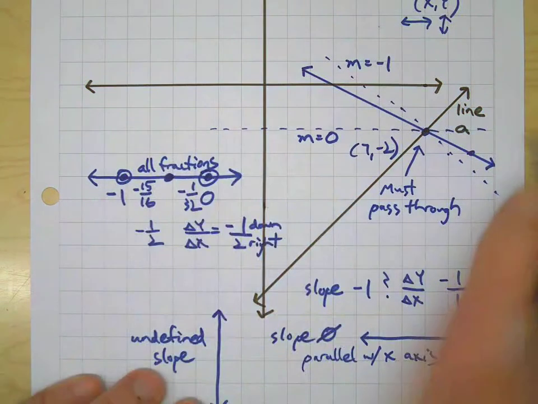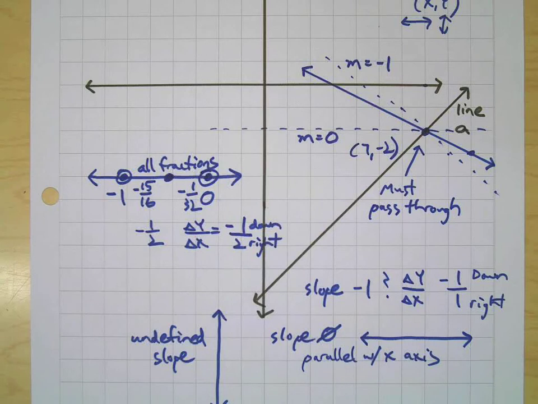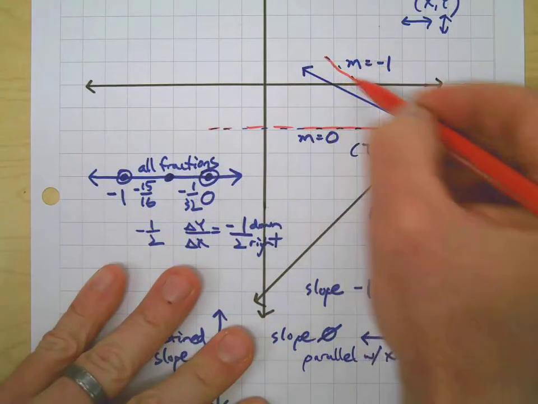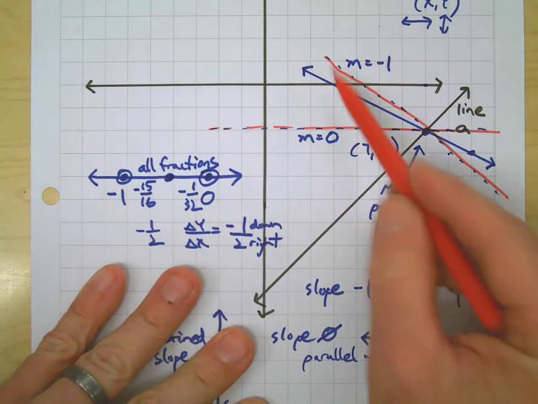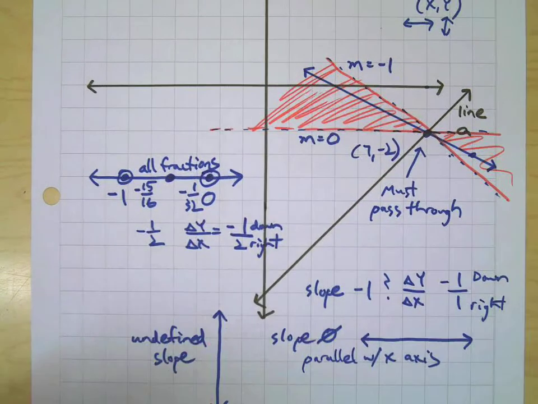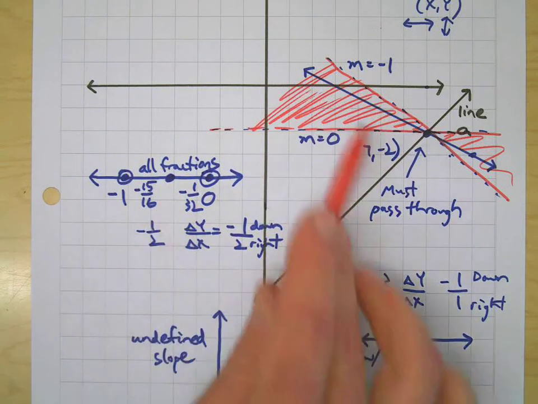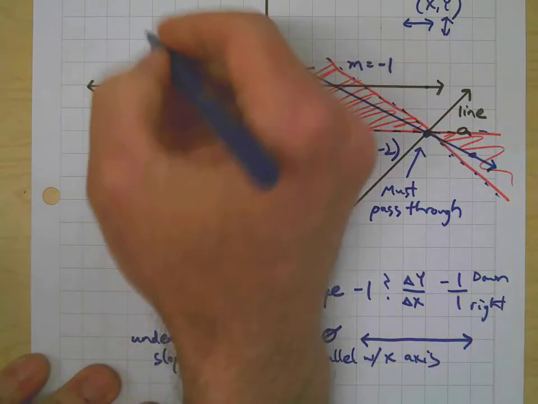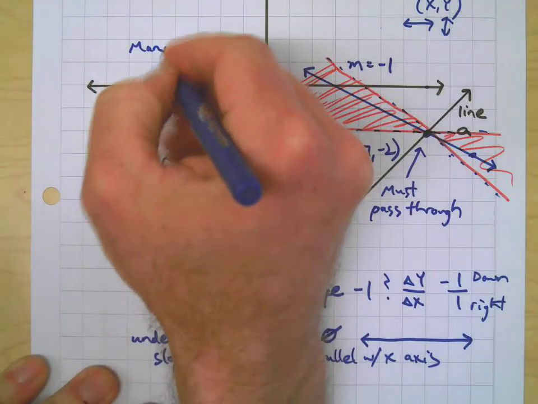I drew that line just to check my logic here. Once I defined my limits, there's the slope of 0, here's the slope of -1, I was guessing all of my answers would be in here. So I just wanted to do a little check and verify that I was right. And then the true answer is anything in that range. So there's lots of possible answers.